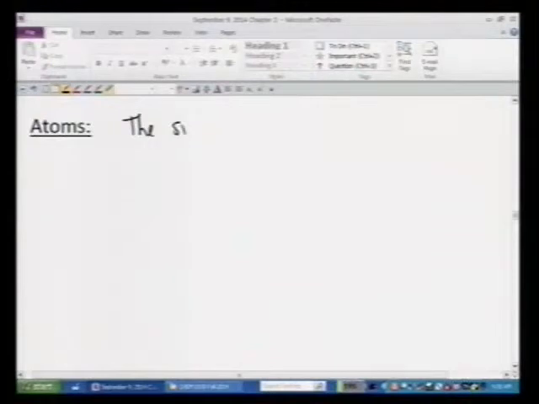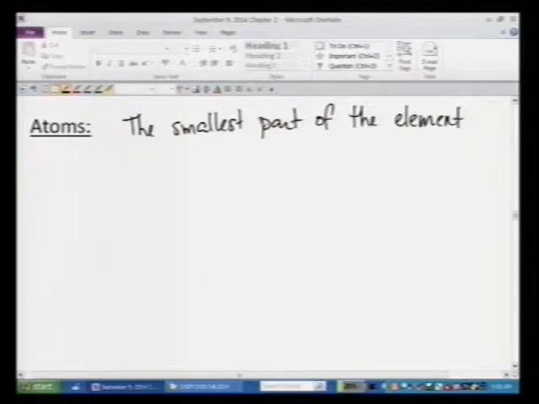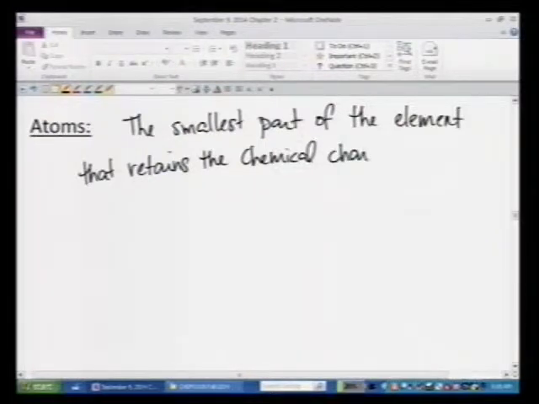They're the smallest part of the element that retains the chemical characteristics of the element.